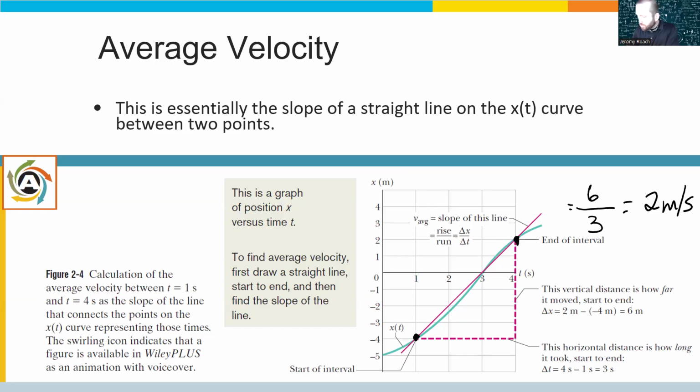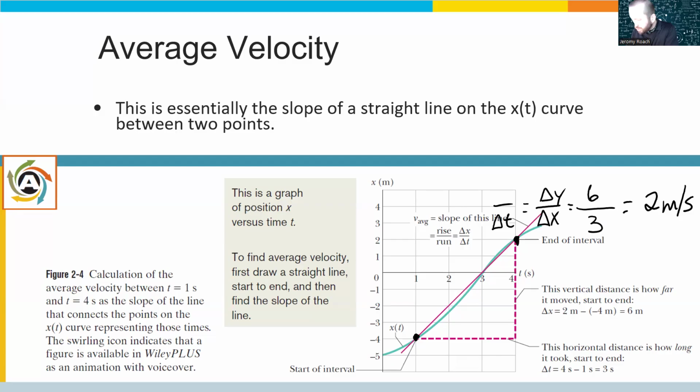So this is our change in our y, and this is our change in our x coordinates, except in physics, when we're talking about displacement and time, position versus time graphs, the time is on the x, and so it's actually going to be change in t is our x, and then the distance is our y.